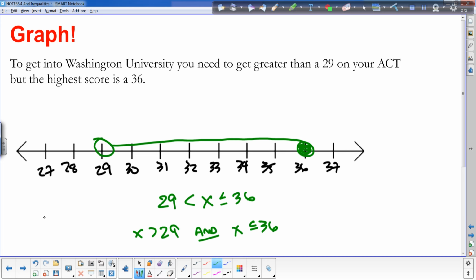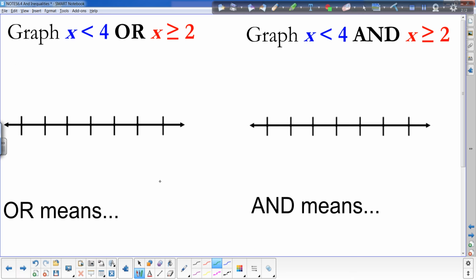So what's the difference between an and and an or? We're going to look at that right here. We've got the exact same problem, only this compound inequality has an or and this one has an and. So I'm going to go 0, 1, 2, 3, 4, 5, 6.